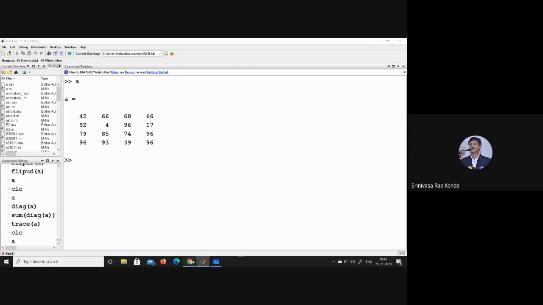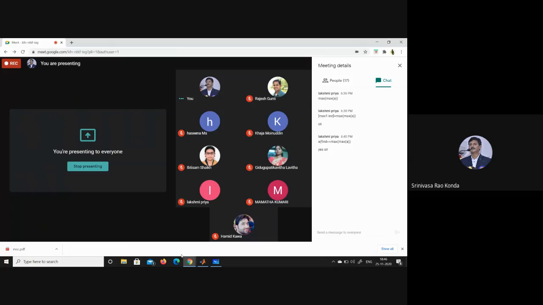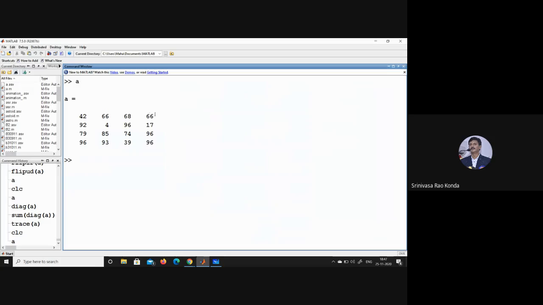Here, using flip LR, we can display the second diagonal elements. If we take a flip LR, what will happen? This element will come to this place. This element will come to this place. This element will come to this place. This element will come to this place.